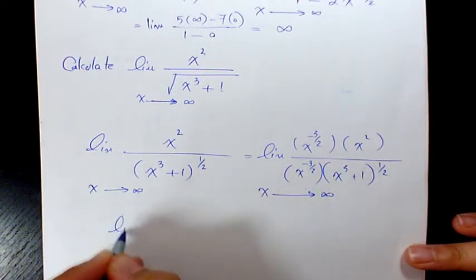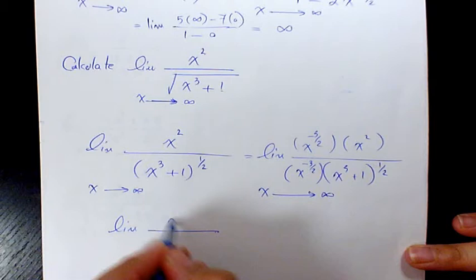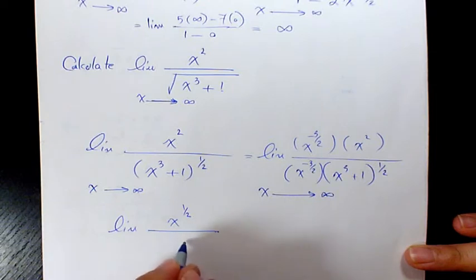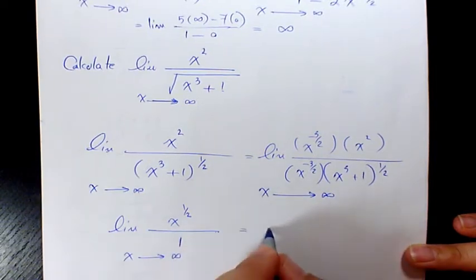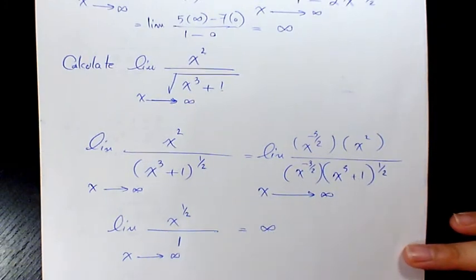That is going to make it as x to the power 1/2, and here we're going to have 1. when x is approaching infinity. That's going to be equal to infinity.